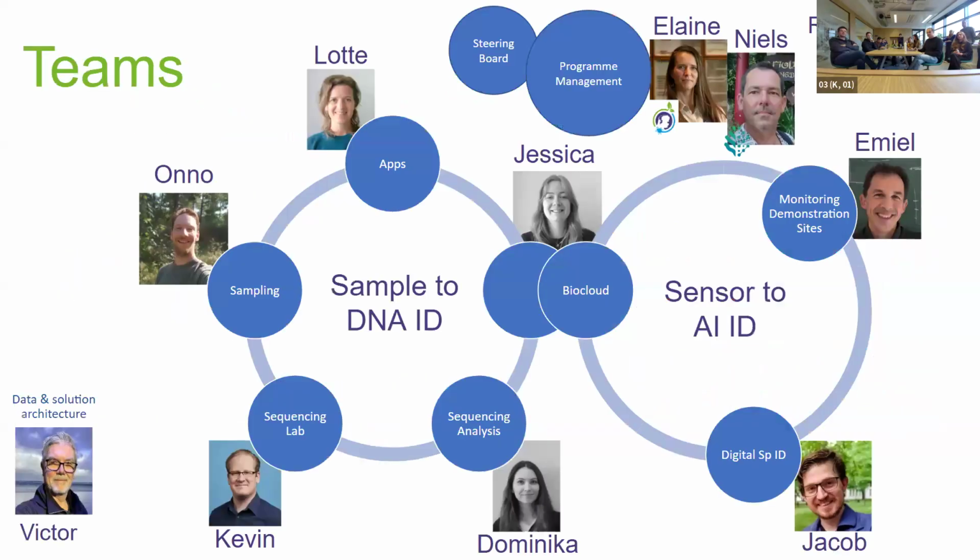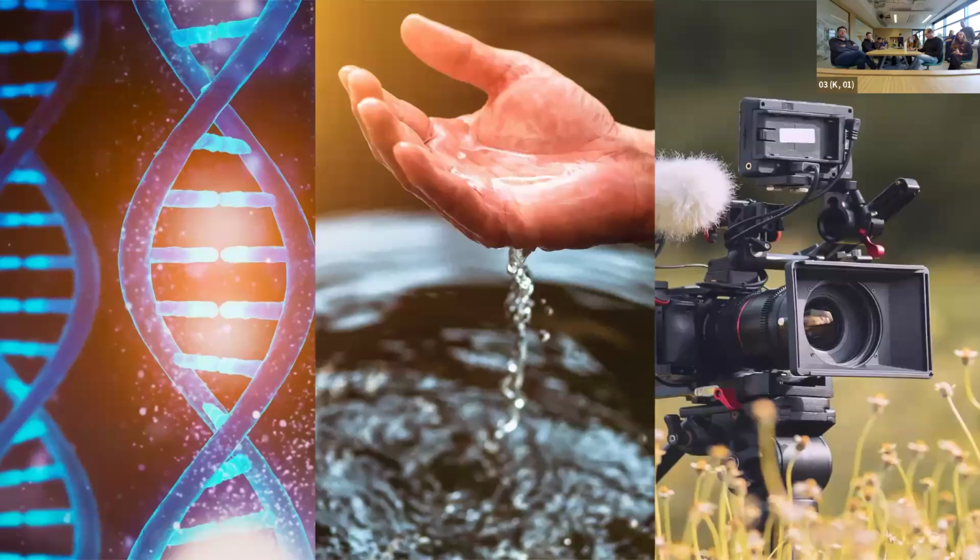The teams are quite expanded, as you know, so we have a whole sample to DNA ID section, we have a sensor to AI ID section, and you'll hear all about all of these. Also that we can use and basically have end-to-end workflows for research, but also hopefully for the wider community.